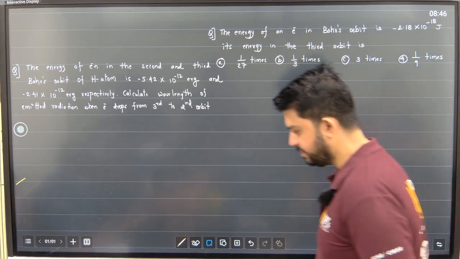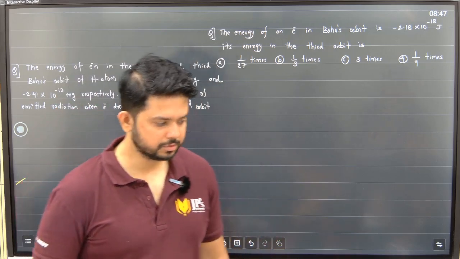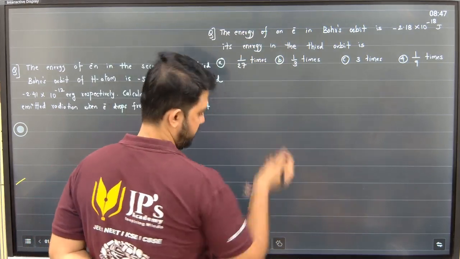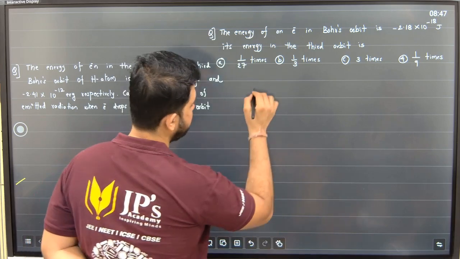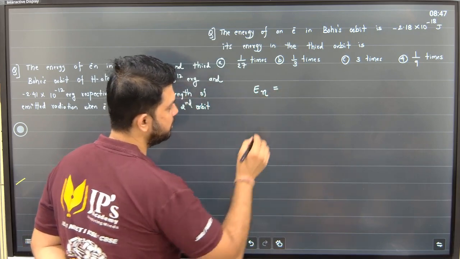Though they've directly given us the value, let us quickly recollect what was the formula for energy of the electron in Bohr's orbit. Energy of the electron in the nth Bohr's orbit. Anyone remembers the formula?